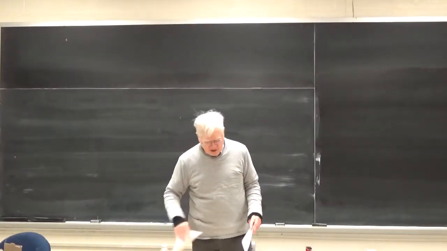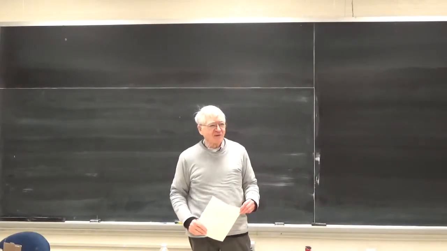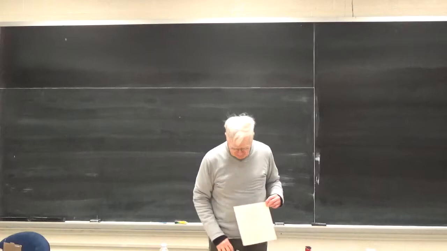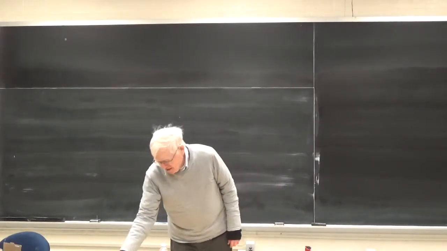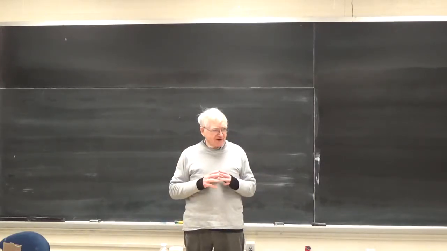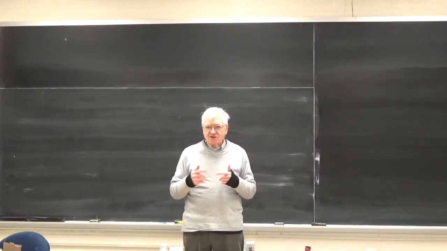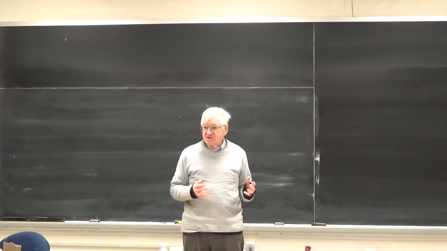Okay, so I'm still under the weather, but I'm much better than I was last time. So I'm going to start out by going over more carefully the derivation of the action for a gauge theory on a lattice.